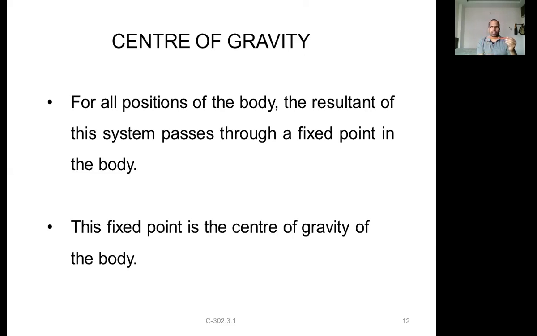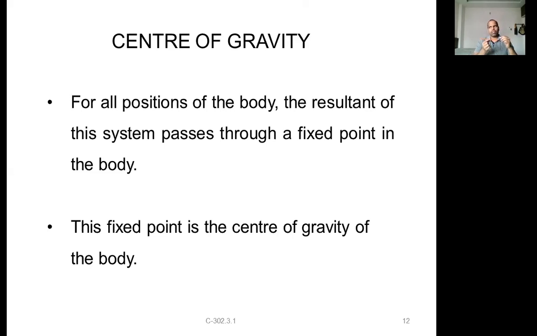Each force forms a system of like parallel forces acting downward. Like parallel means all are in the same direction. This like parallel force system has a resultant, and the resultant passes through a fixed point.